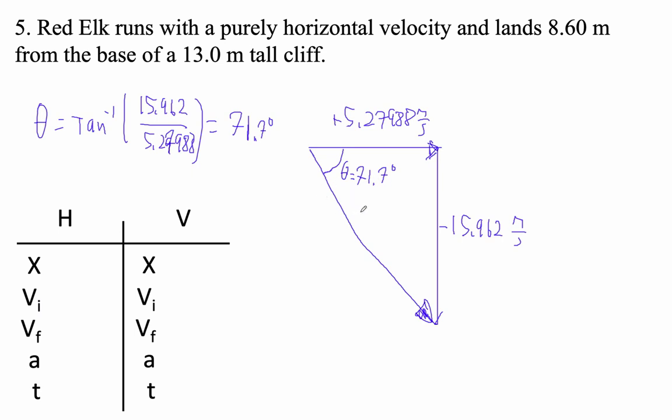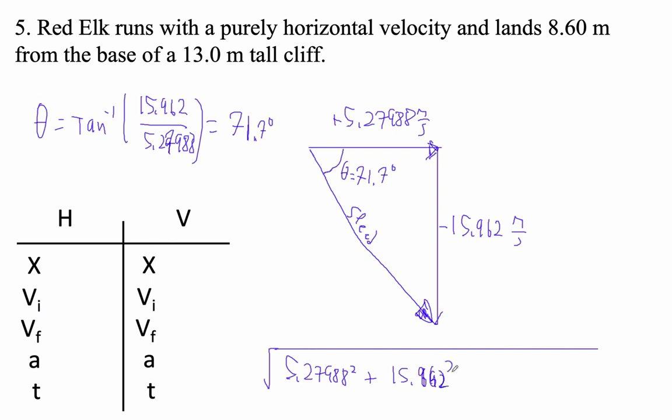And then the speed of this, the magnitude, is the speed of the object. I'm going to find the magnitude by going this guy squared, 5.27988, plus 15.962 squared.